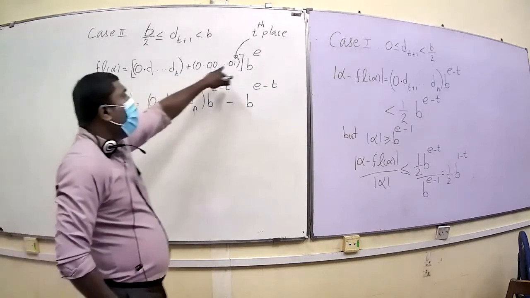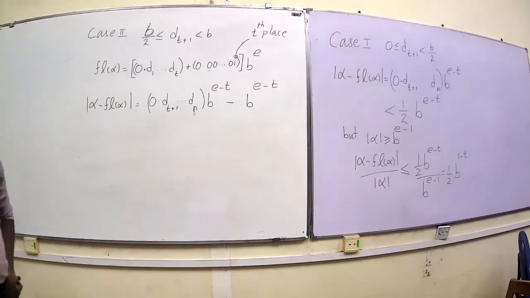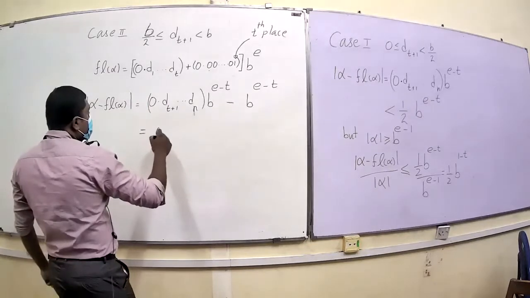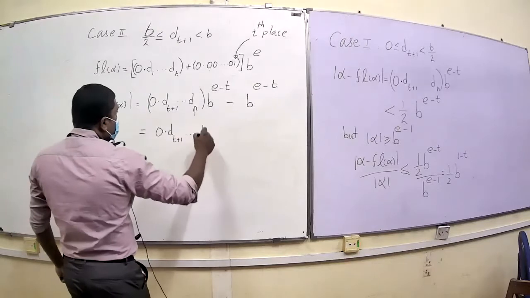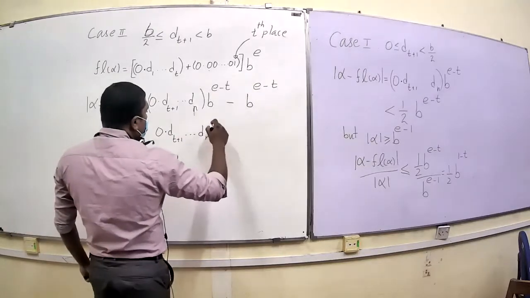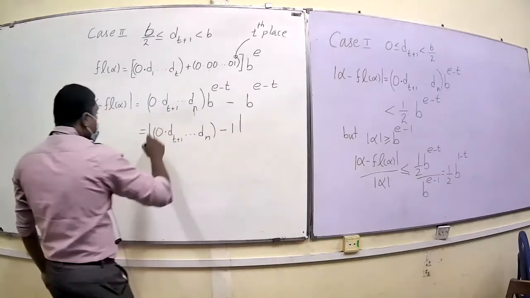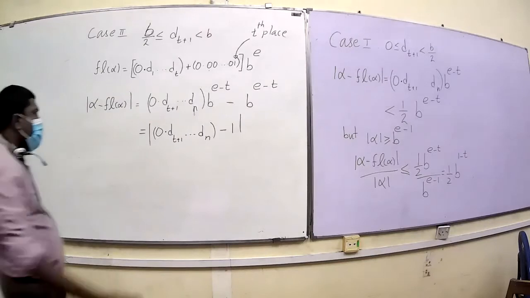And then this number, if you change it to polynomial notation, you will get b to the power minus t, and then there is a b to the power e, so eventually you will get b to the power e minus t. So this in a way is 0.dt plus 1 up to dn, right, minus 1.